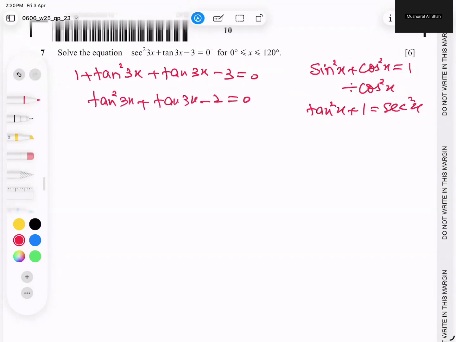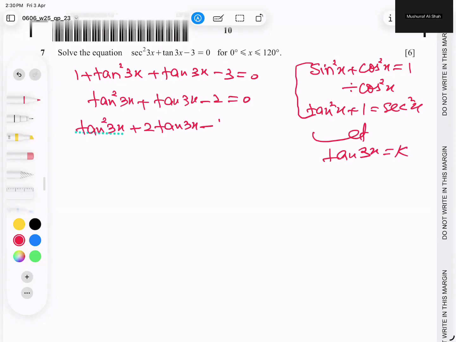Now I have two choices. I can say let tan 3x equal to k, no problem at all. Or I can do it directly, treating tan 3x as a variable: plus 2 tan 3x and negative tan 3x minus 2.